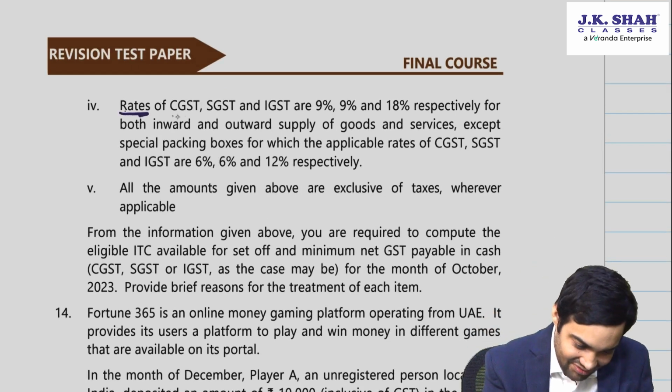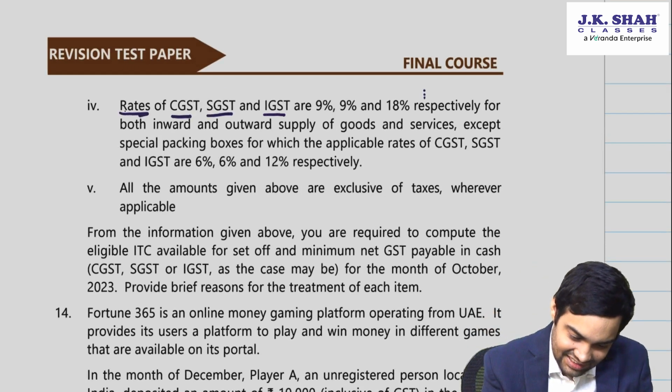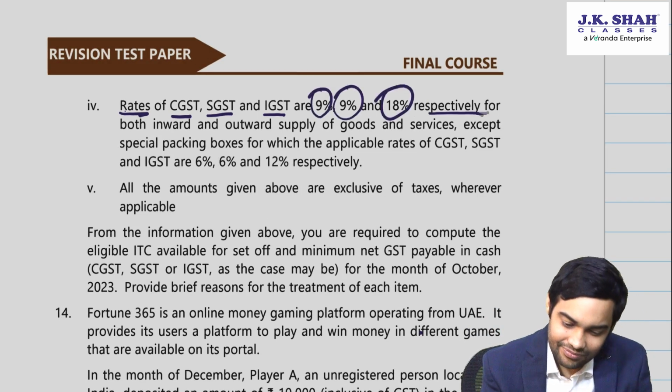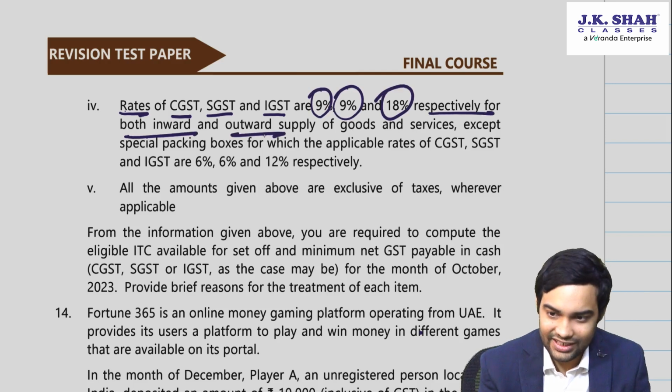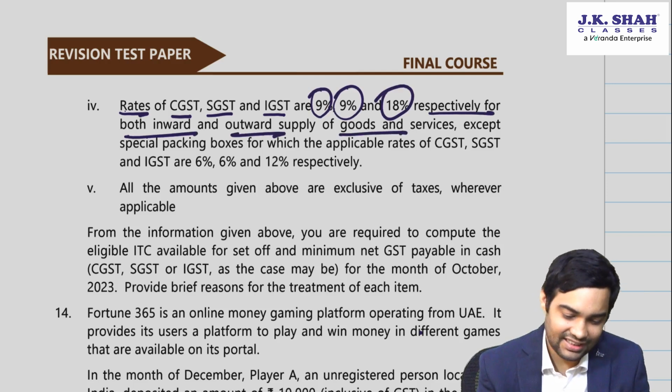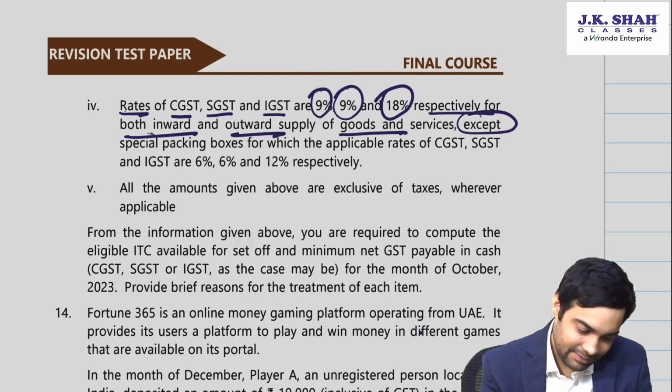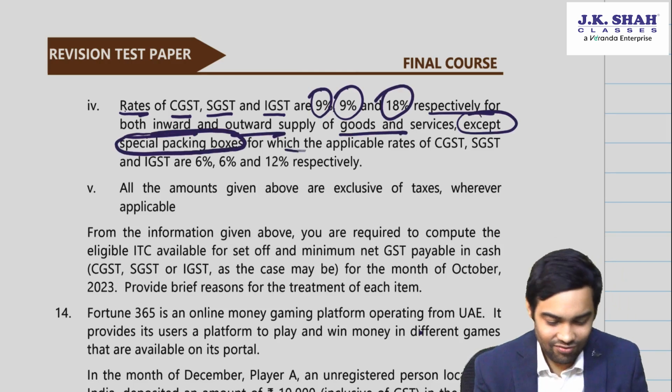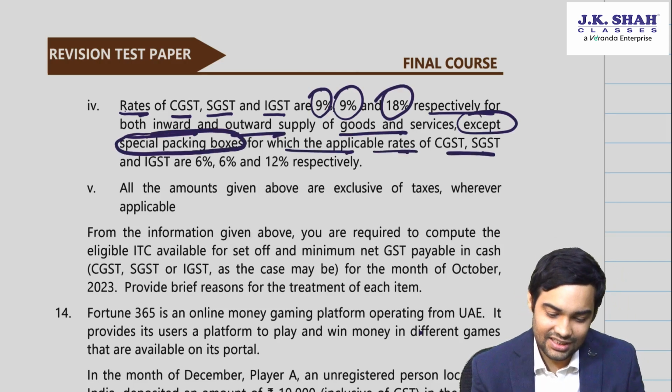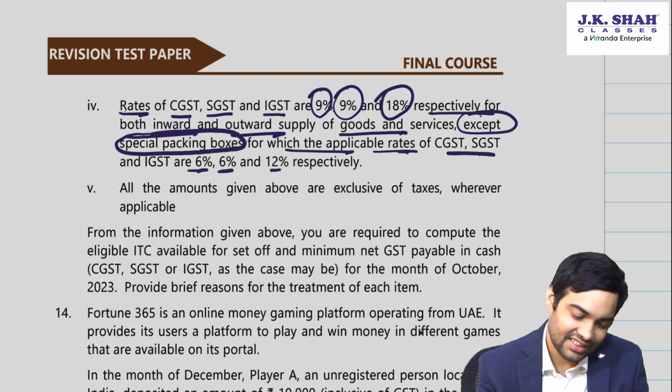So rate of CGST, SGST, IGST 9, 9, 18 respectively for both inward and outward supply of goods and services, except special packing boxes for which the applicable GST rates are 6, 6 and 12.